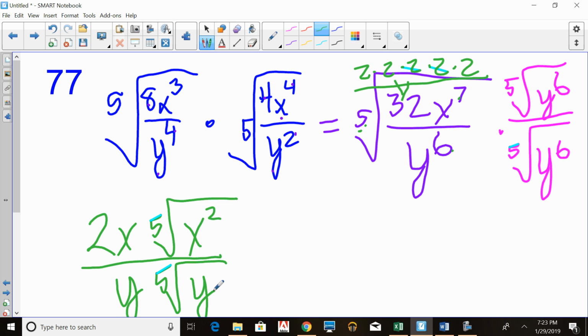And then we can't leave a root in the denominator, so we have to multiply the numerator and denominator by the fifth root of, and there's one y, and it's fifth root, so we need 4 more.